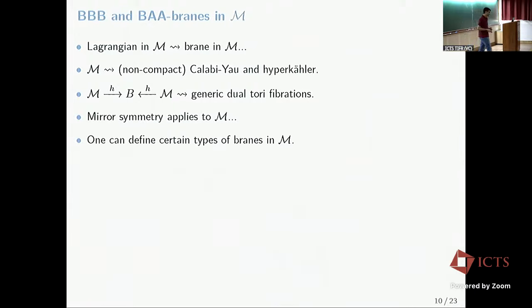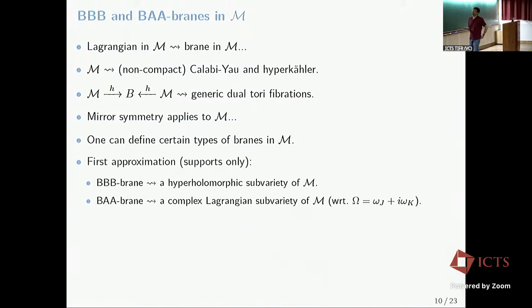And when mirror symmetry applies, we have these special objects called branes, but this is hyperkähler, so we have these even more special objects, which are the BBB and BAA branes. So what's a BAA brane? And only for supports for now. A BBB brane is a hyperholomorphic subvariety, so holomorphic with respect to I, J, and K, these three complex structures.